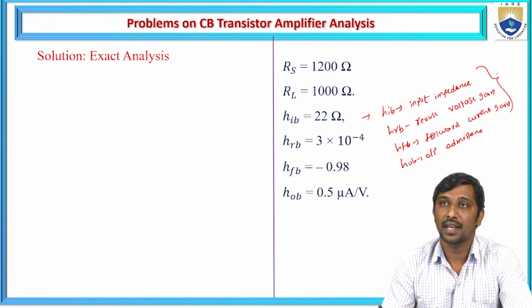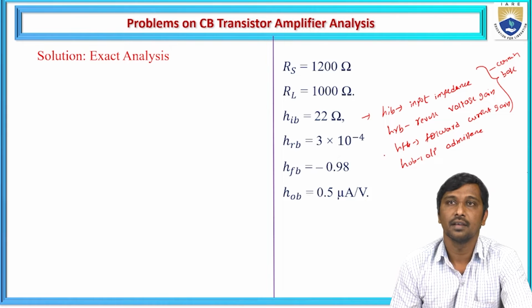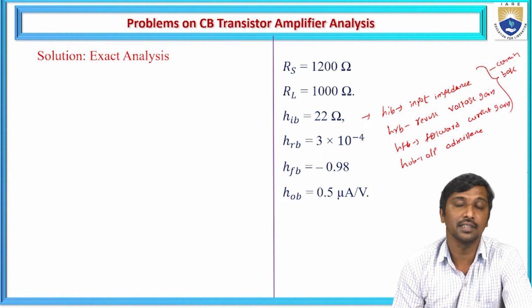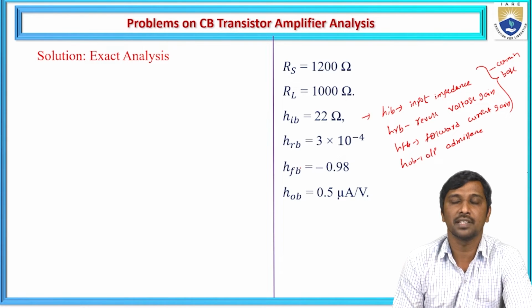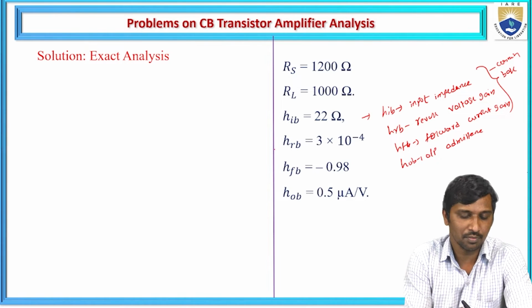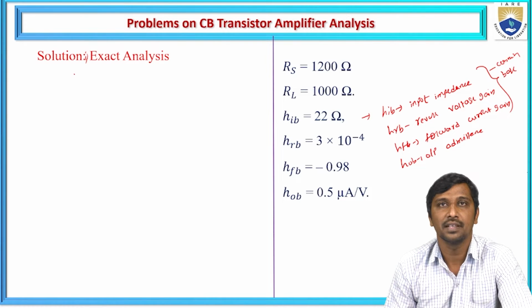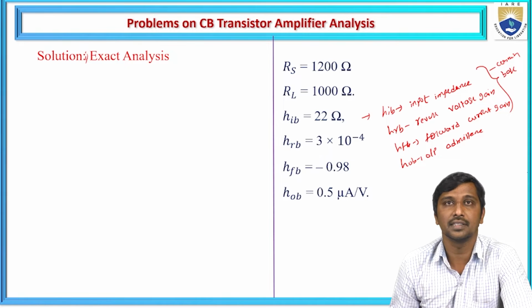All these four parameters are given for a common base configuration. By utilizing these parameters, we need to determine specifications like current gain, input impedance, and output impedance. First I am going to use the exact analysis, where we are not considering any assumptions. So directly we are using all the methods here.